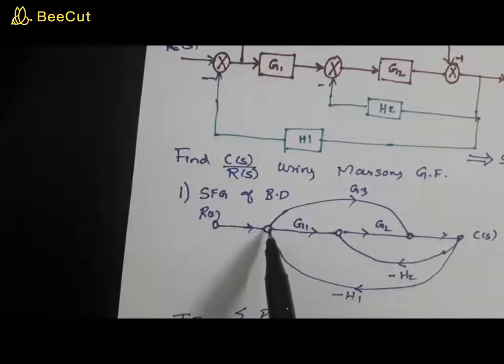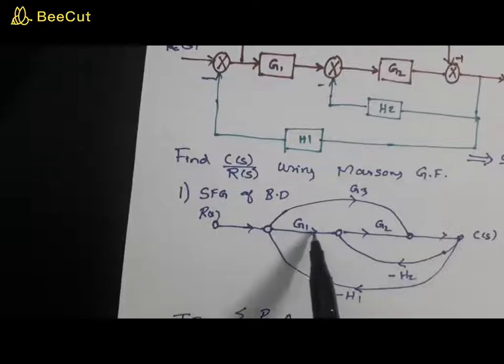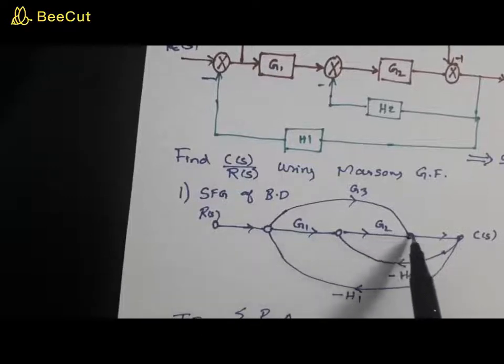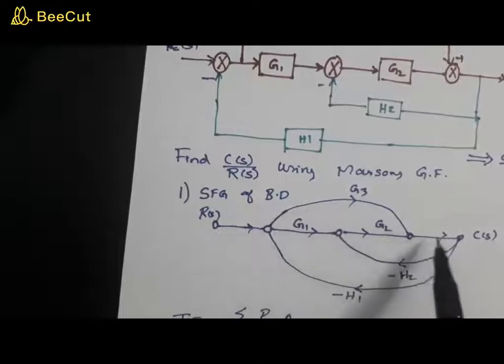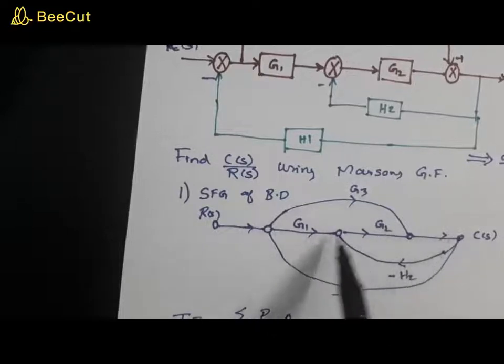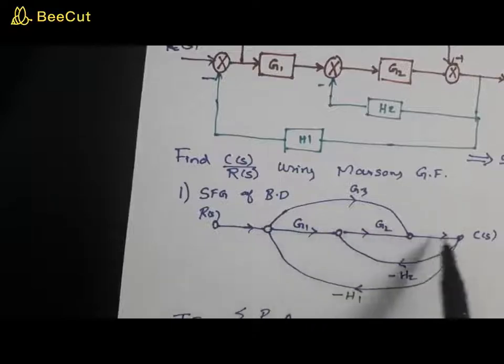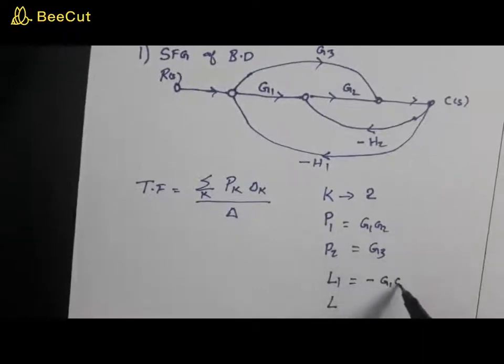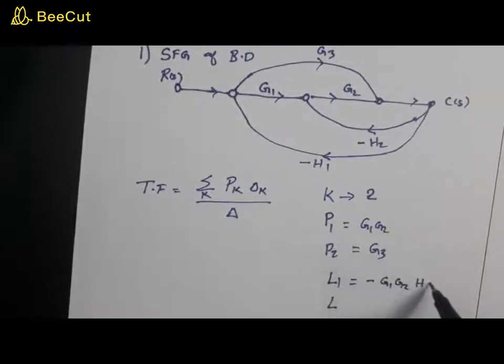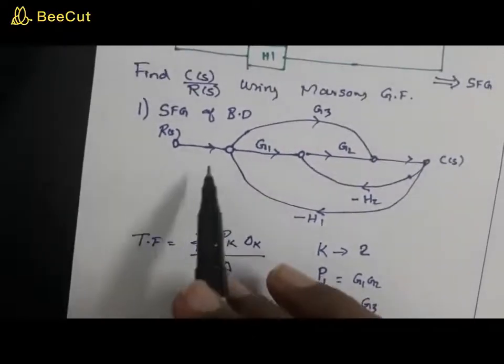Say the signal comes over here and gets fed back. Even if it flows to this, it won't reach here. So the only way it reaches here is this, that is G1, G2 and minus H1. So let us consider that as minus G1 G2 H1. That's the first loop.